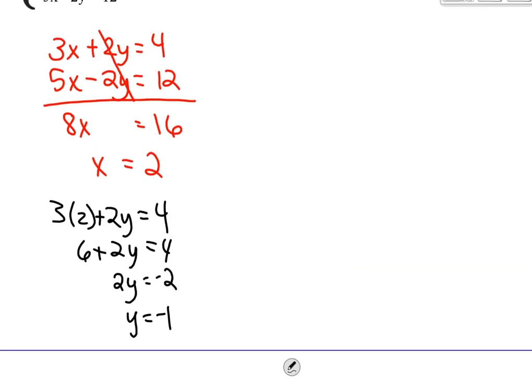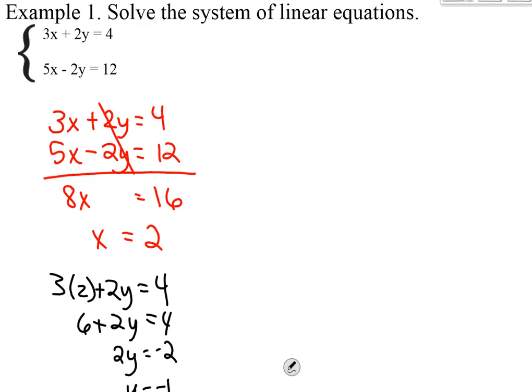So that gives us a solution of 2, negative 1. I'll just really quick check that. So 3 times 2 plus 2 times negative 1. 6 minus 2 is 4, and that's what I want it to be.